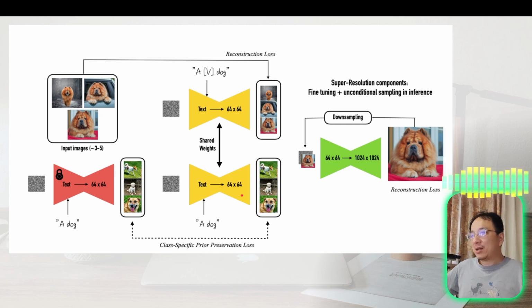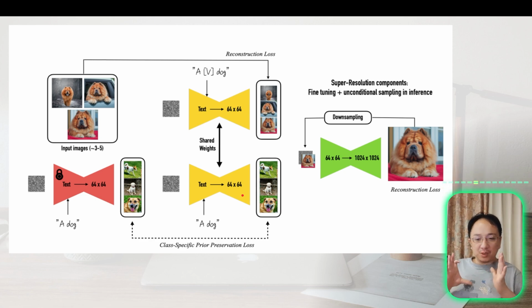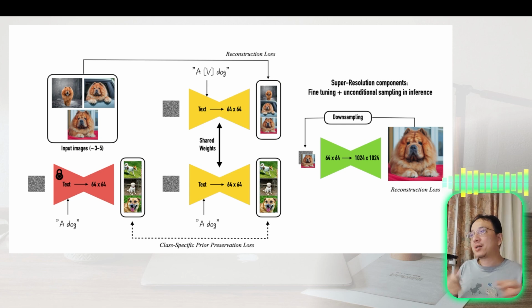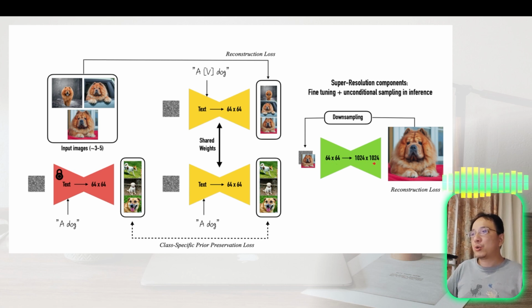Imagen works this way. It first generates a small low resolution image, like 64 by 64. Then it uses a super resolution module to upscale the 64 by 64 image into a high resolution image.